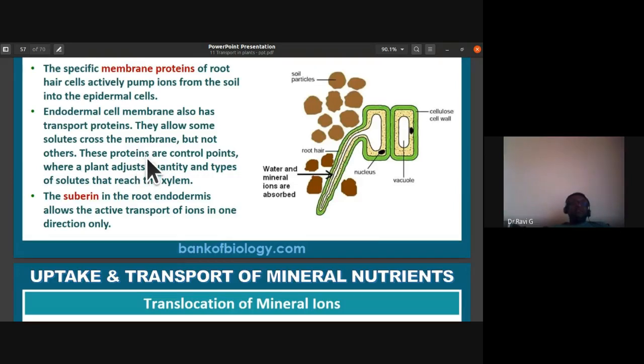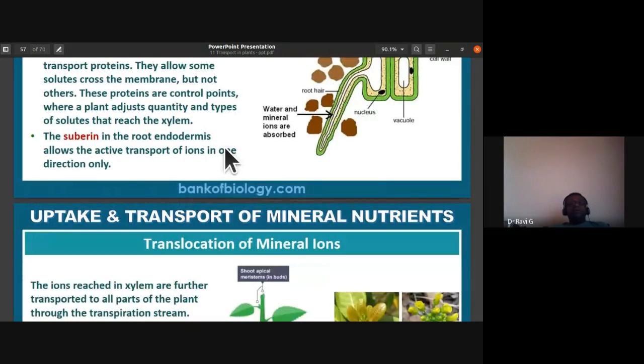These proteins on the membranes are control points which adjust what type of ion enters and exits, and the quantity of ions entering and exiting is controlled by the membrane proteins. The suberin in the root endodermis allows the active transport of ions in only one direction.